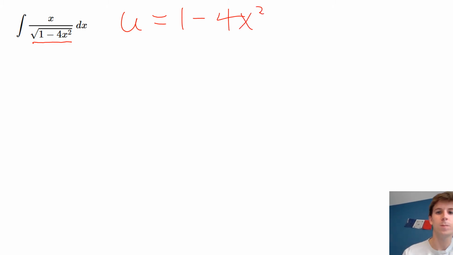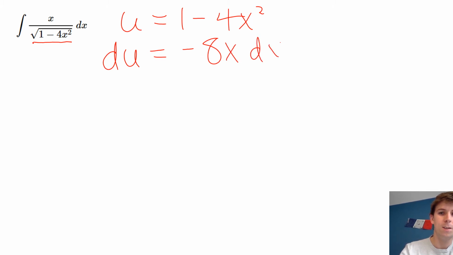I'm going to calculate a differential. So du equals -8x dx. Once again, I'm trying to get rid of that x up top in the numerator of my original integral.